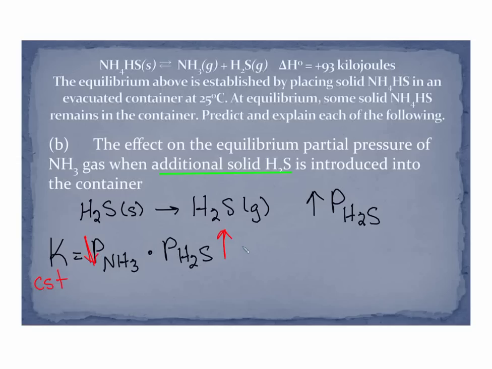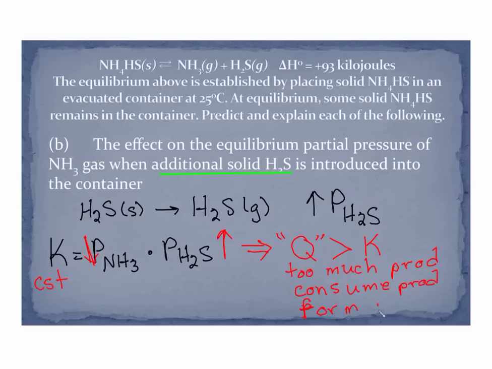Now, another way of saying that is once we do that stress, we now are at a Q or non-equilibrium state that is greater than K. That means we have too much product, and so we need to consume the product and form reactant.